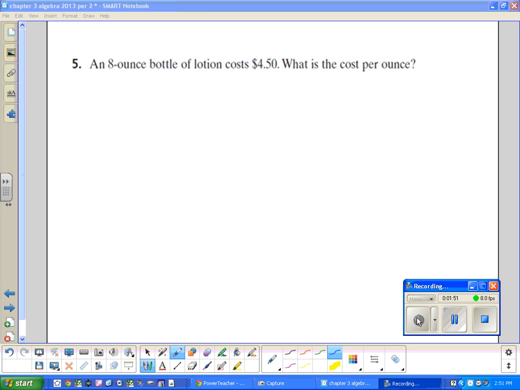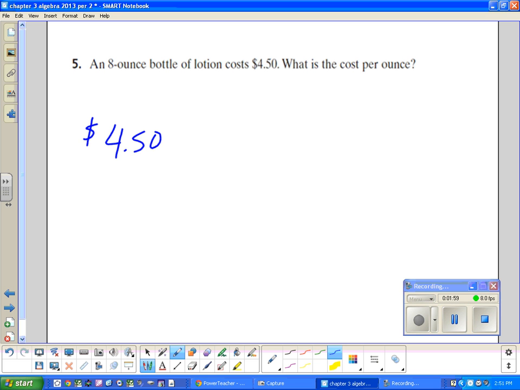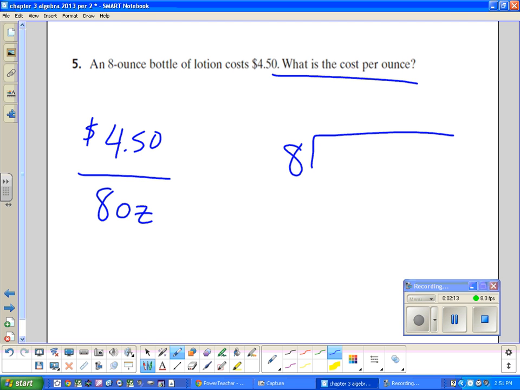Next question is to find the unit rate. So if we have an 8-ounce bottle of lotion that costs $4.50, and it wants to know what is the cost per ounce, per meaning a fraction bar, so it's per 8 ounces. And on the bottom we want 1 ounce, so we're going to divide 8 into $4.50.